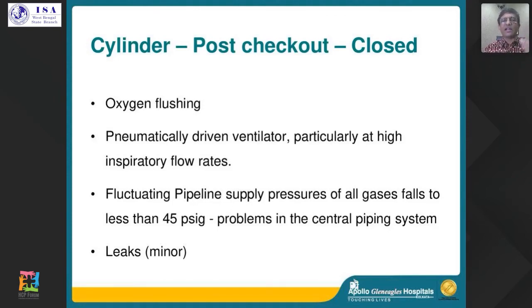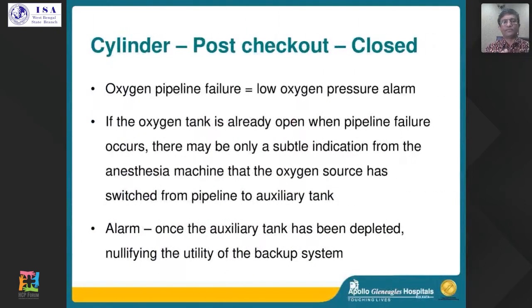And if there are minor leaks, especially in the high pressure systems, the oxygen leaks silently through those minor leaks without you possibly realizing. So ideally the cylinder should be closed after the checkup.